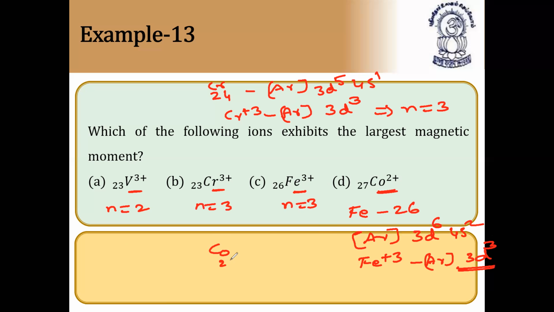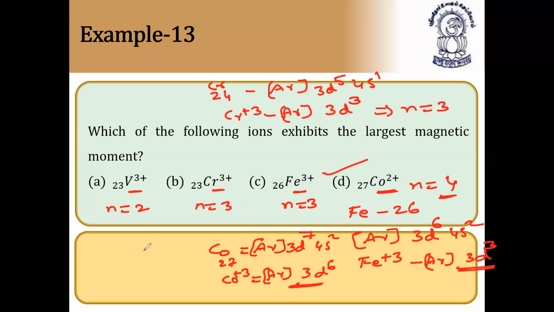Cobalt atomic number is 27, so argon 4s2 3d7. Cobalt +3 means 3 electrons are removed, so it becomes argon 3d6. So n is equal to 4. So the answer is the fourth option, because magnetic moment mu is proportional to n. So n is equal to 4.